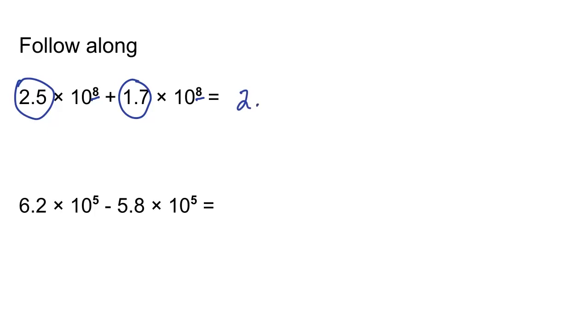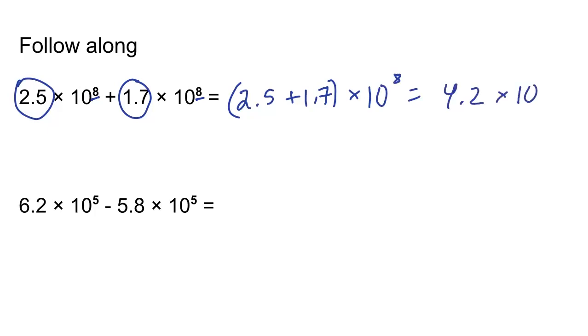And 2.5 plus 1.7 times 10 to the 8th power gives me 4.2 times 10 to the 8th power. And 4.2 is greater than or equal to 1 but less than 10. So my final answer is 4.2 times 10 to the 8th power.